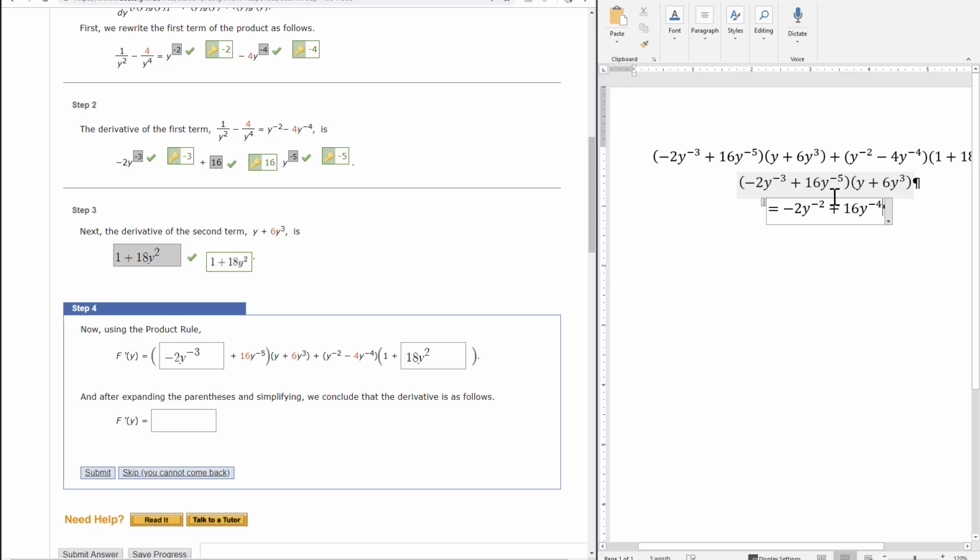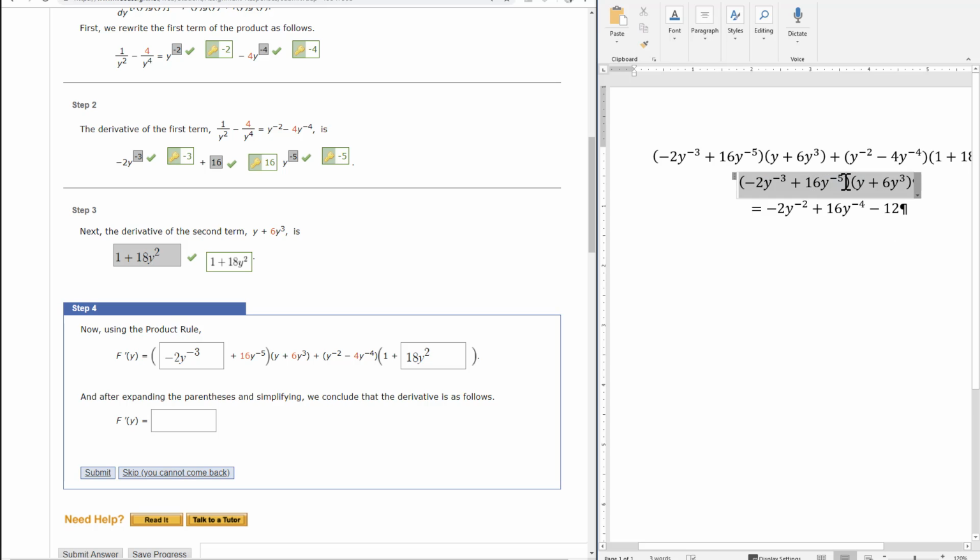And now let's take that same factor and multiply it times -6x, or +6y to the third. So the next term here would be -2y to the -3 and 6y, so that's going to be a -12, and then y to the -3 times y to the third is just going to be y to the 0, which is 1.